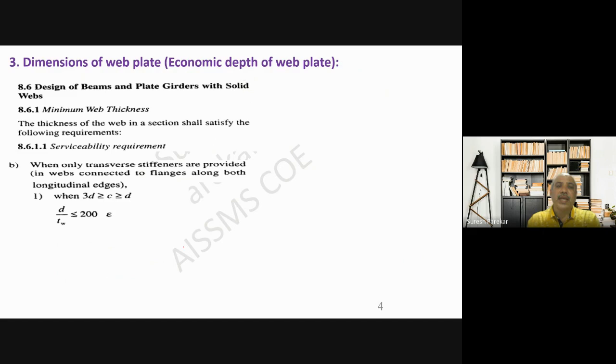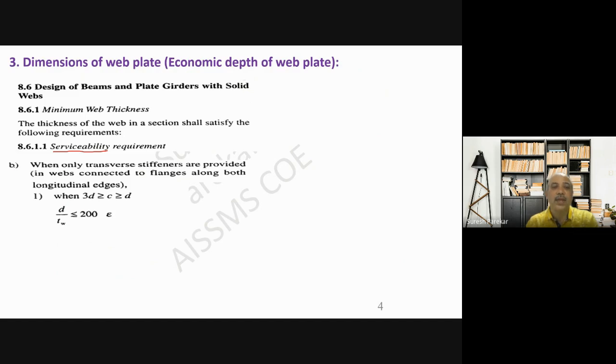Before that, we have clause number 8.6, in which they have given the design of beams and plate girders with solid webs, and the minimum web thickness shall satisfy the following requirements. These are serviceability requirements. First, when only transverse stiffeners are provided, the value of d by tw should be less than or equal to 200.